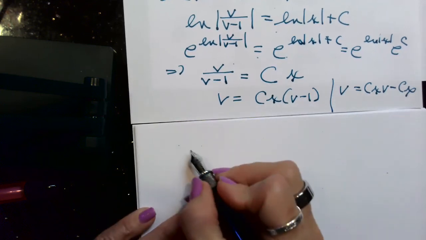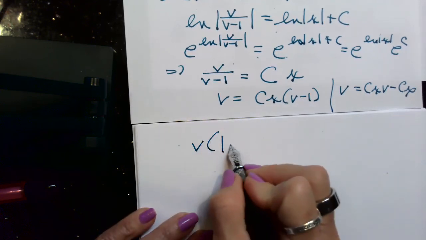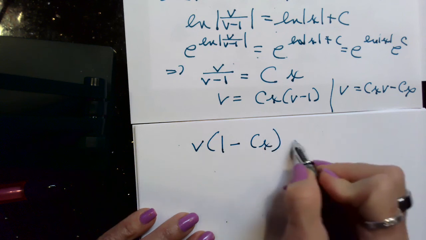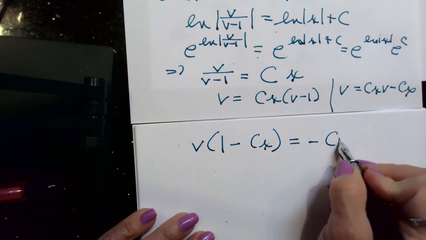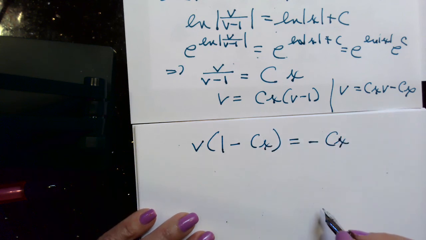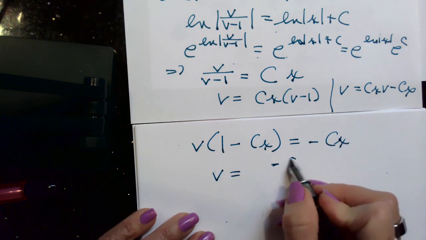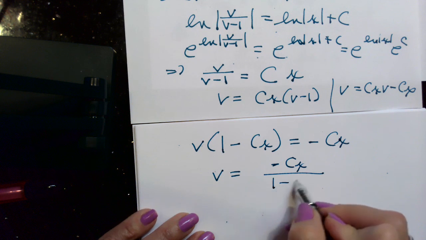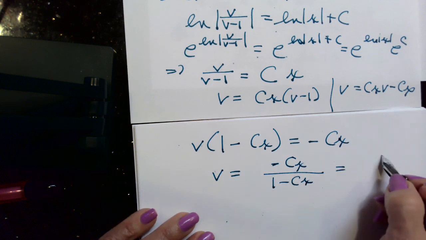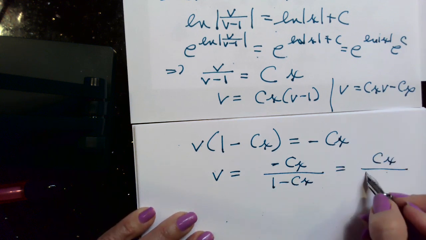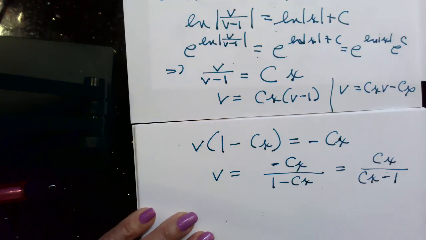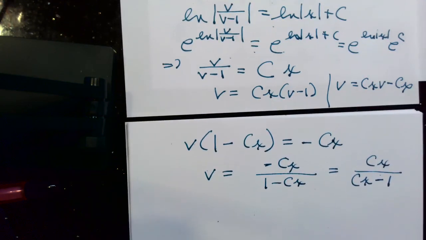Which says that v times 1 minus cx is equal to cx. And so v is cx over 1 minus cx, and maybe that looks better to write it as minus cx over cx minus 1. Okay?